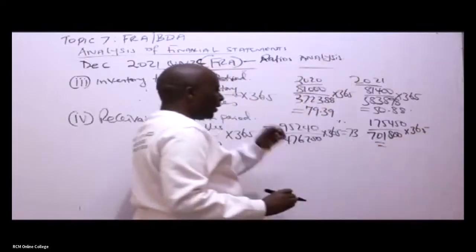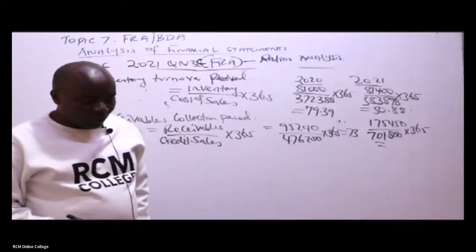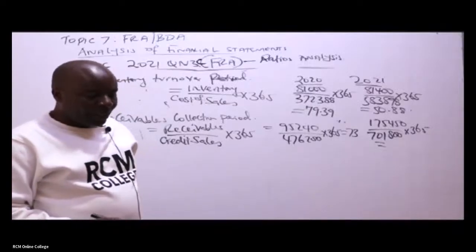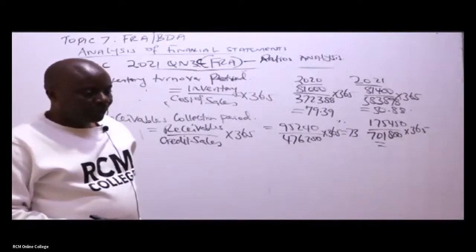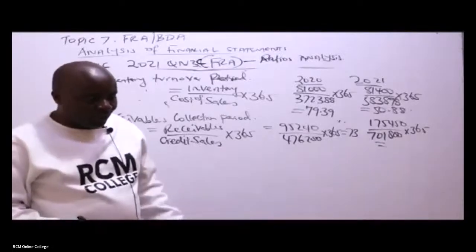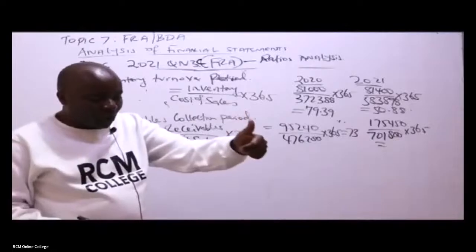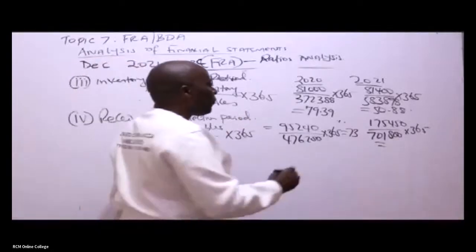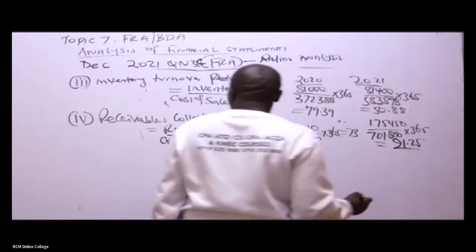How many days do we have here? 91.25, right? Felicitas is giving me 91.25 days. Great. Thank you so much.